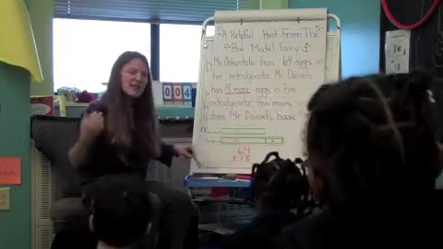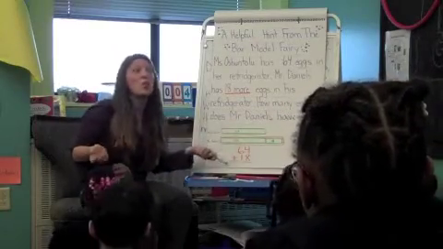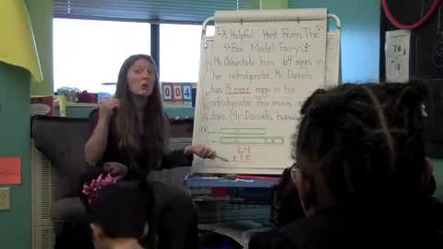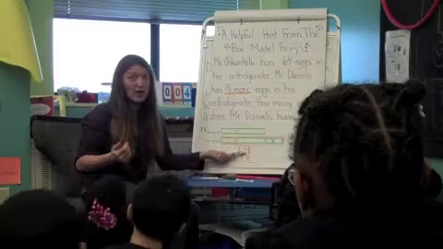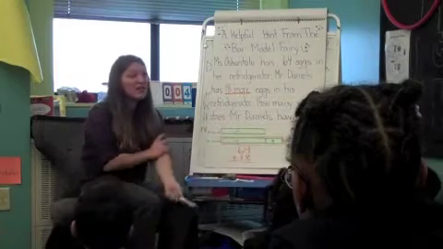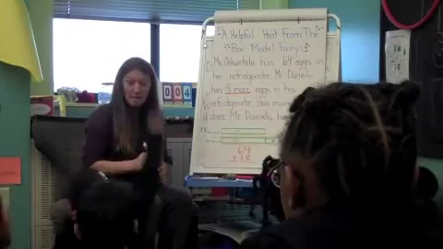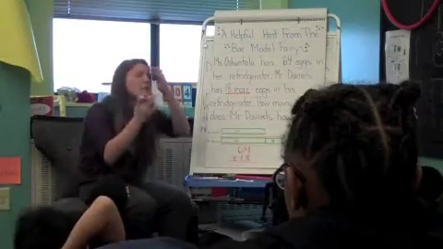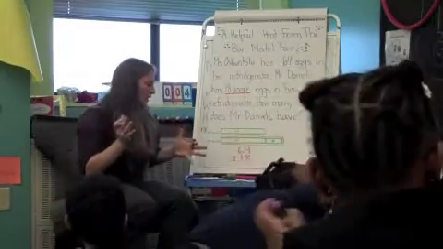Yesterday, when Medina was explaining how she got her answer, she said that we know we have to regroup when we're adding 8 to a number higher than 2, right? So 8 plus 4, 4 is higher than 2, so 8 plus 4 is how much? 12. I have to regroup that. How do I regroup 12? Alexis.